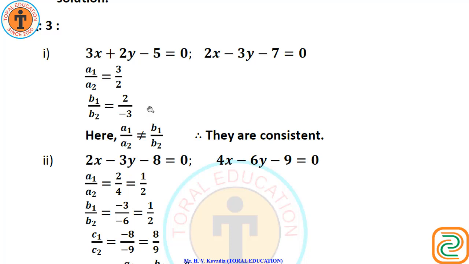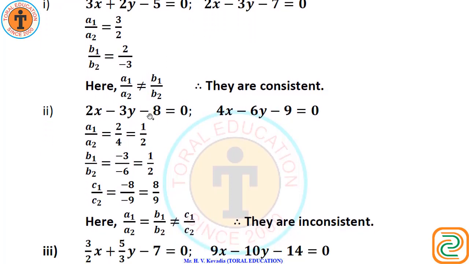They have a unique solution. Now, number 2: 2x minus 3y minus 8 equals 0 and 4x minus 6y minus 9 equals 0. If we take a1/a2, then 2/4, we get 1/2.